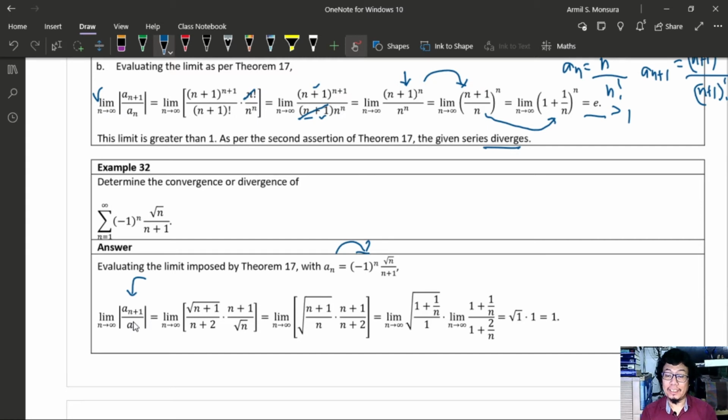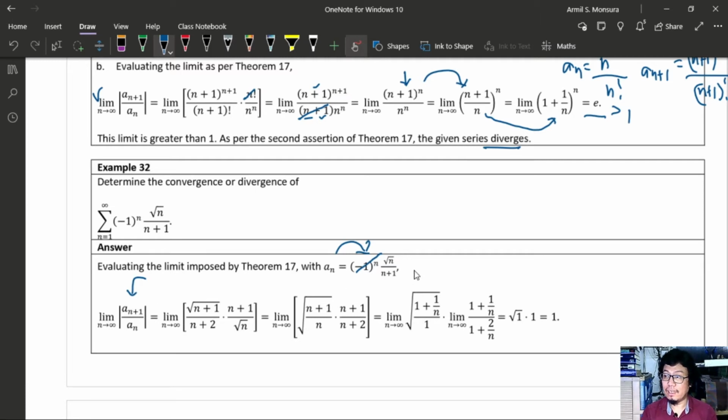Baliktad, the succeeding terms of a_n and its previous terms. But the point is that you need to take the absolute value. So in that case, this can be ignored inside the absolute value, because basically this just tells you some of the terms are positive, some are negative. So we can ignore this if we are inside the absolute value sign.